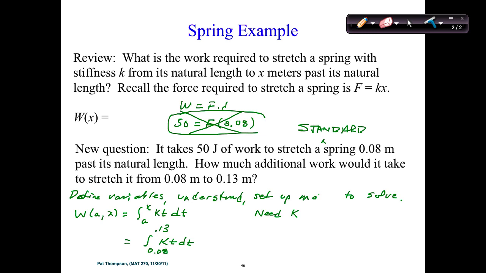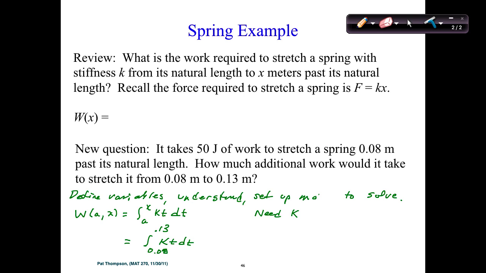So we need k. We can't just use force times distance. How would that 50 joules be calculated? Yeah, from the integral from 0 to 0.08 of kt.